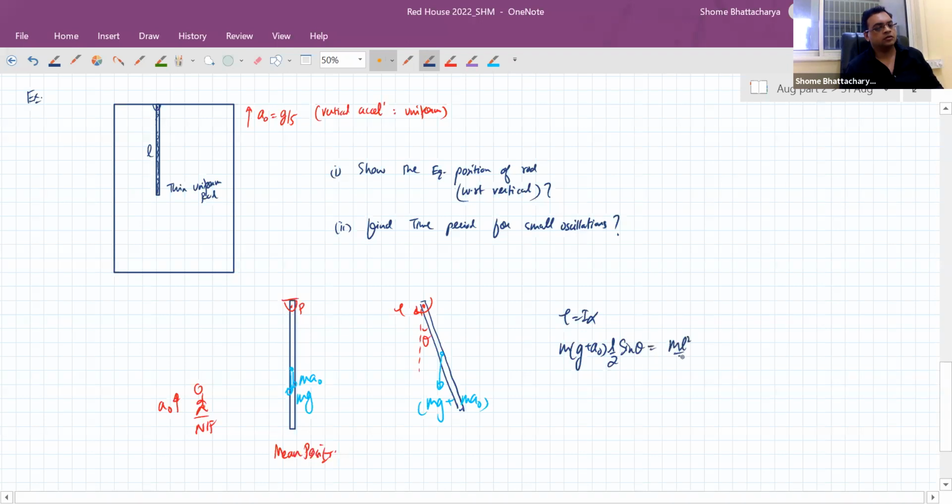Yes, it's correct. So sine theta we'll take as theta for small oscillation. So we'll get d2 theta by dt square is equal to minus of 3 by 2 (g plus a naught) by L into theta.